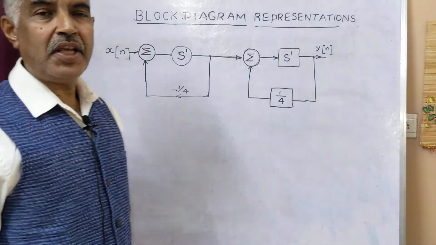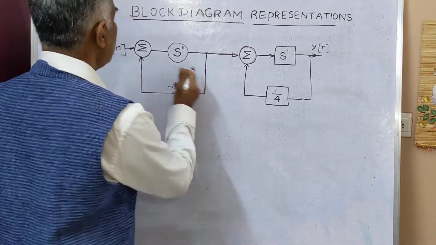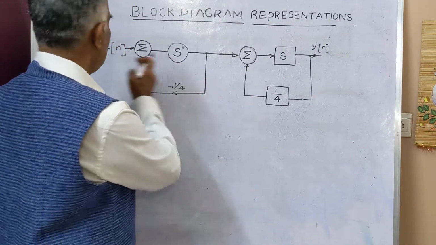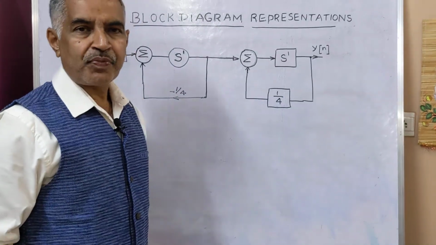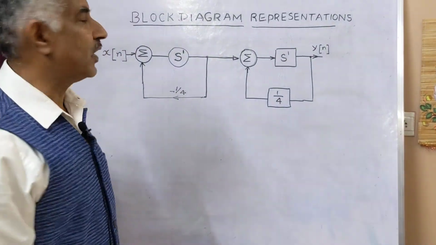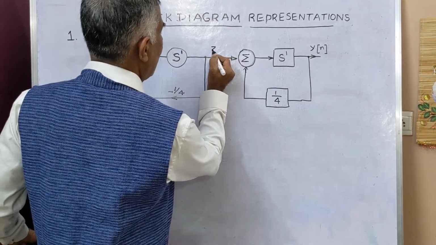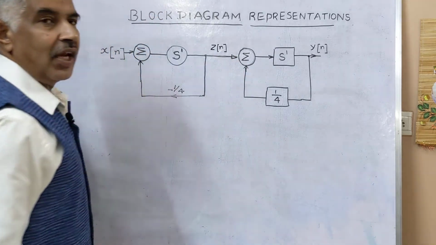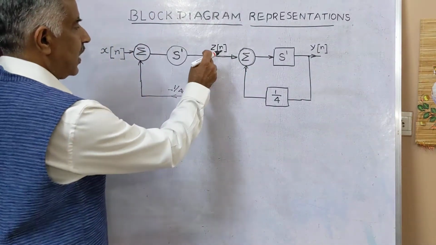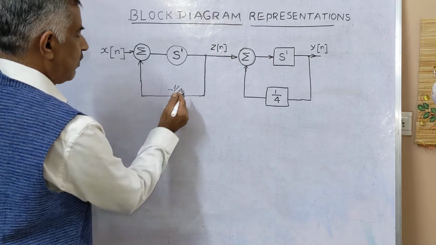First I suggest you write the signals that are named here: x of n and y of n. In between x of n and y of n there is no naming of other signals, so I will call this signal z of n. z of n is tapped here and multiplied with minus 1 by 4.